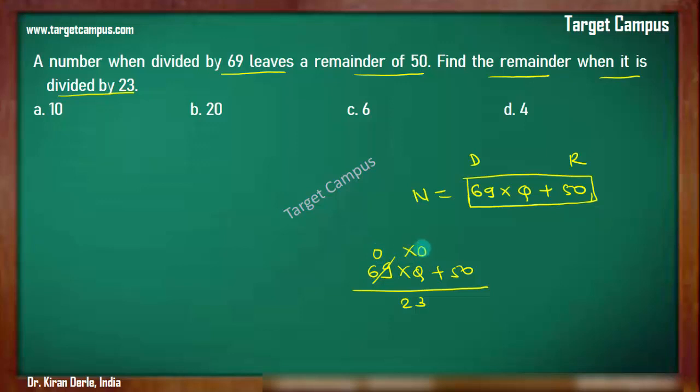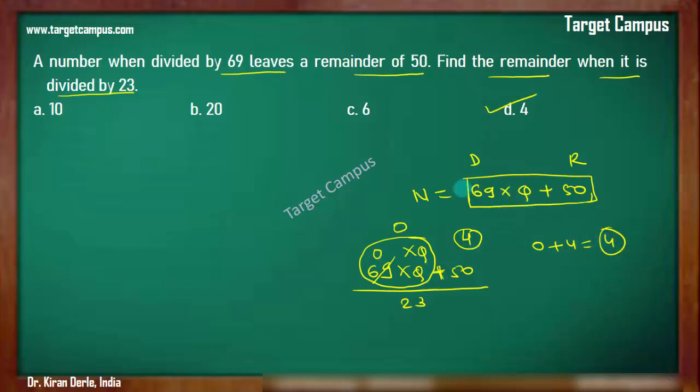Irrespective of the value of q, your final remainder of this expression will be 0. 0 into anything will be 0. So the remainder is 0 till here, plus 50 divided by 23. 50 divided by 23, remainder is 4, since 23 4 2s are 46. Your final remainder will be 0 plus 4, that is 4.